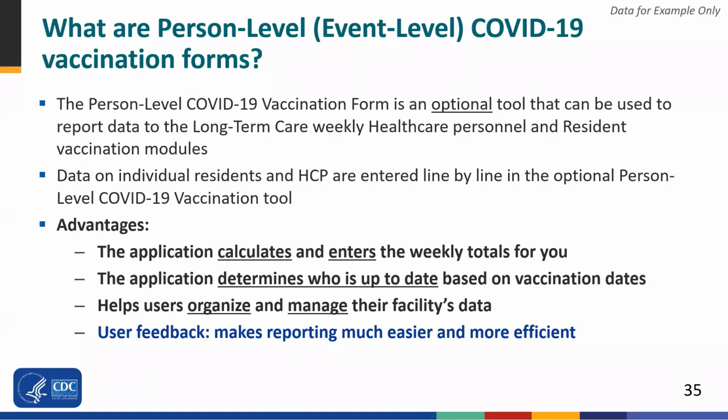Secondly, it will also look at those vaccination dates and determine who is up to date based on the definition for that period of interest and submit that information for you on the weekly screen as well when you click that view reporting summary and submit option. So we know that the definition of up to date evolves as the guidance changes, and this really streamlines your data entry by calculating it for you.